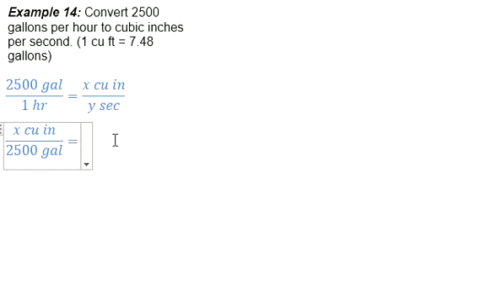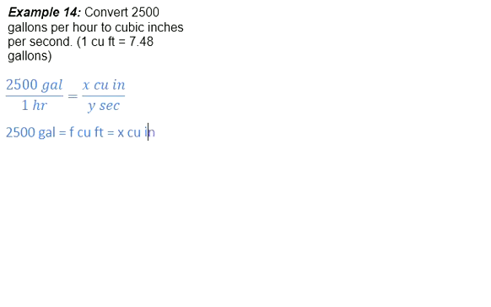So we are going to need to make a plan here. My 2,500 gallons, I can't go directly to inches, but I can go to cubic feet. So let's just say F for feet. And that will get me to my cubic inches, because I do know the conversion between feet and inches.